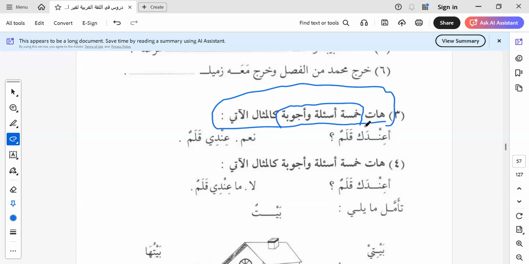hati is a verb. Khamsata, it has a fatha because it is an object of a verb. Bring 5. That's 5 is an object. Khamsata as'ilatin. Remember we said in counting we have two parts, two concepts. Adad and ma'dud. Adad and what? Ma'dud.